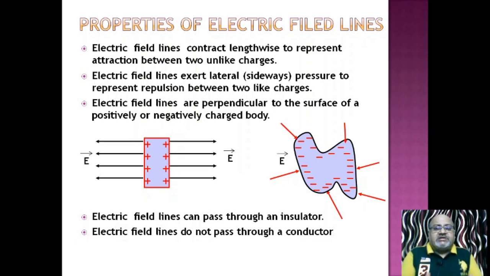Electric field intensity is zero. And this phenomenon is called electrostatic shielding. It is always advised that during a thunderstorm or lightning, remain inside the car or the bus, because the whole of the charge which strikes the body of the car or bus will remain on the surface. Electric field intensity will be zero. The person will be safe inside the car or bus or metallic surface.